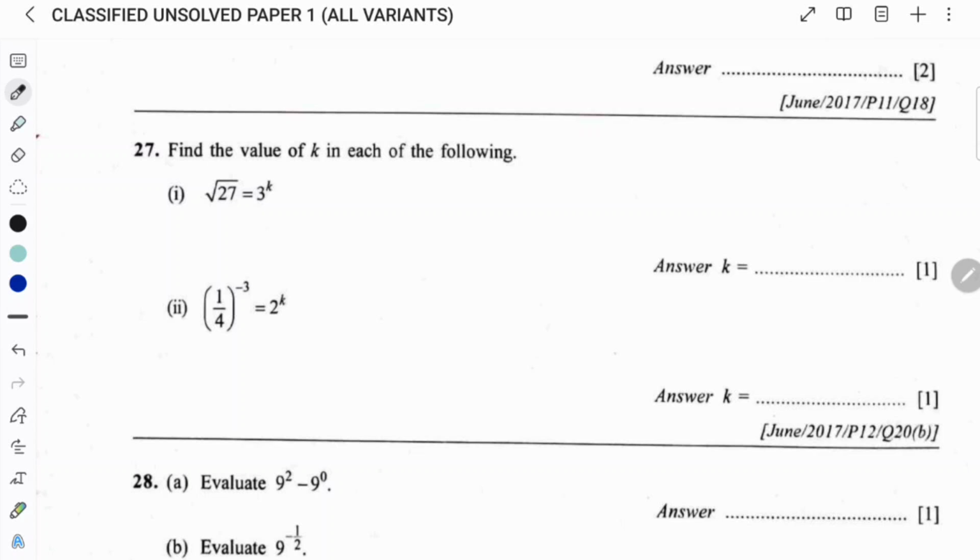Okay, now this 27th question. In the 27th question, square root of 3 cube is equal to 3 to the power of k.